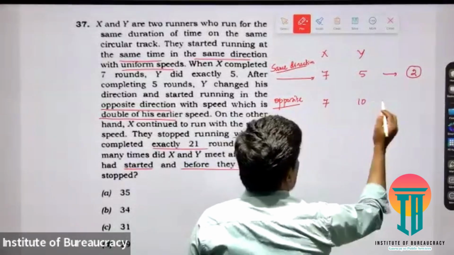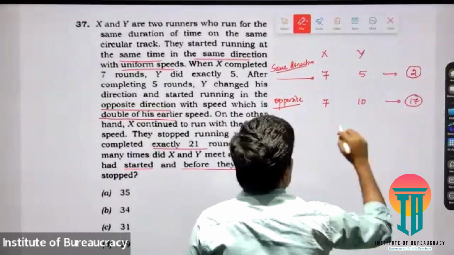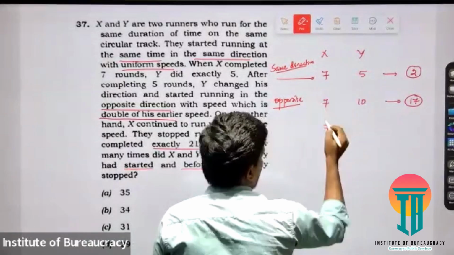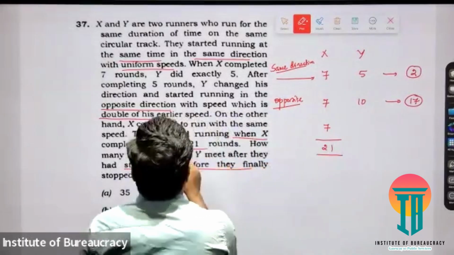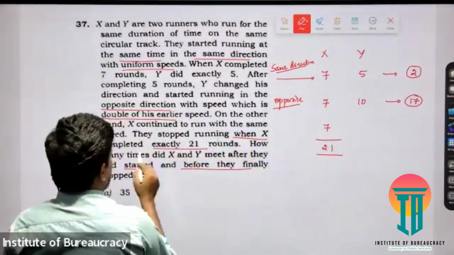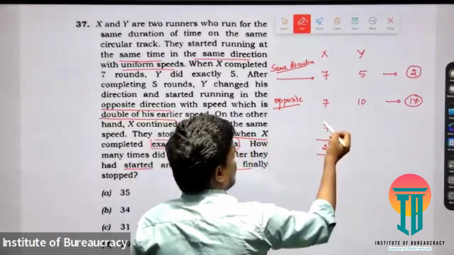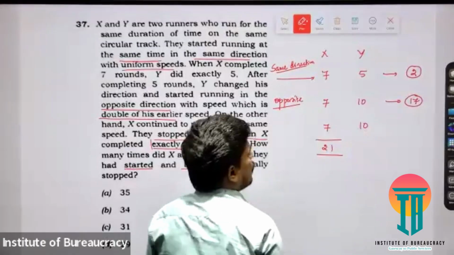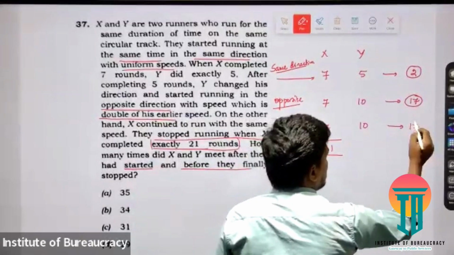Then in the opposite direction, how many times will they meet? 17 times, in addition. Again, if he goes one more 7 rounds, then you will get 21. They said they stopped running when X completed exactly 21 rounds. So with these 14 rounds, one more 7, that is 21 rounds. For this 7 rounds, Y again goes 10 rounds, so exactly 17 meetings are needed.